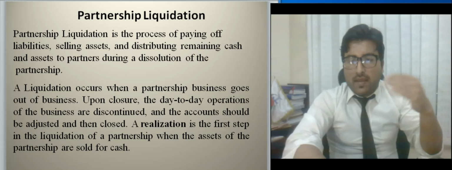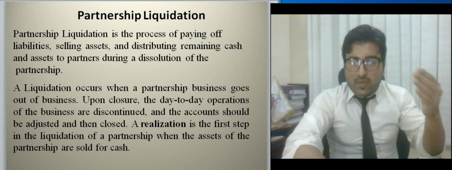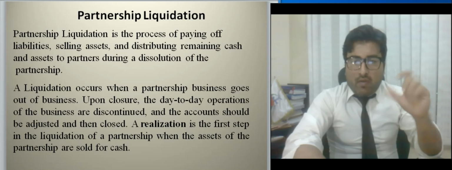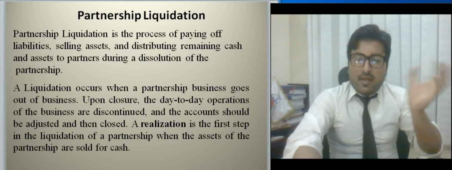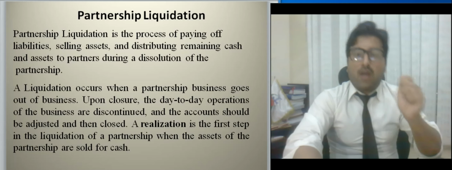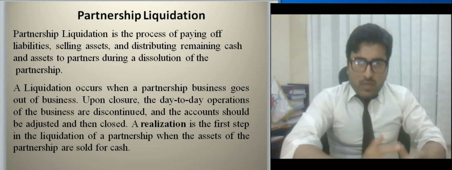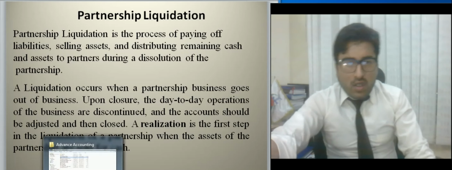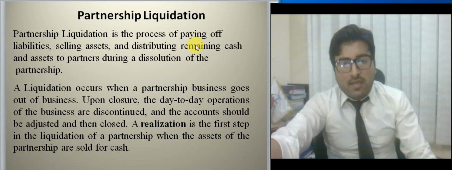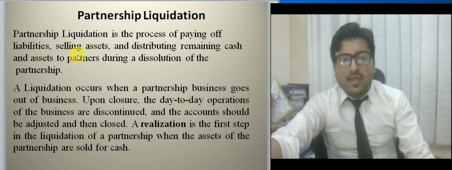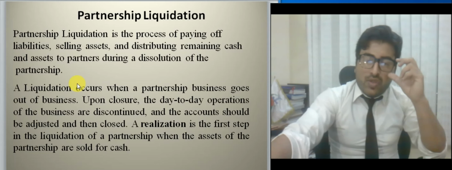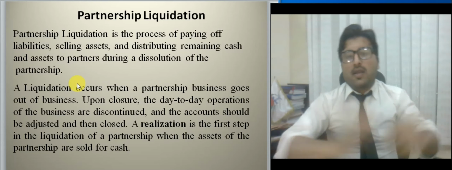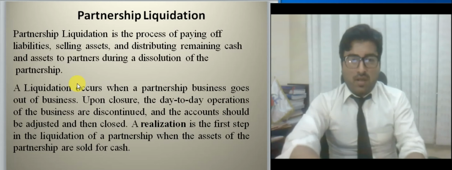We pay the liabilities and expenses, and whatever remains at the end is given to the partners. In simple words, partnership liquidation is the process of paying off liabilities, selling assets, and distributing remaining cash and assets to partners during a dissolution of the partnership. Dissolution is when we wind up a partnership business.